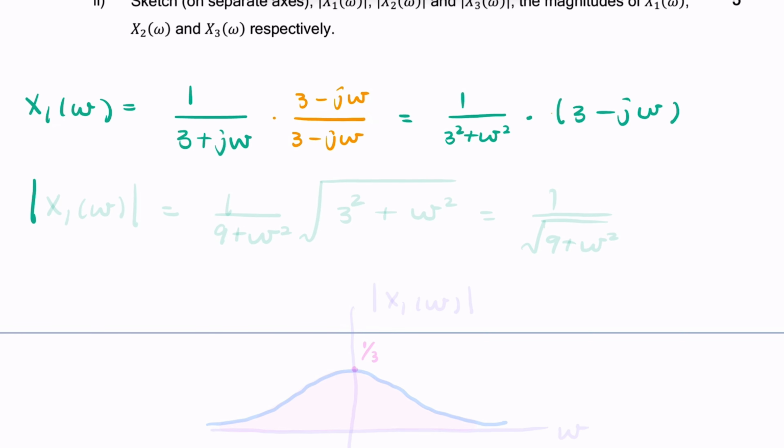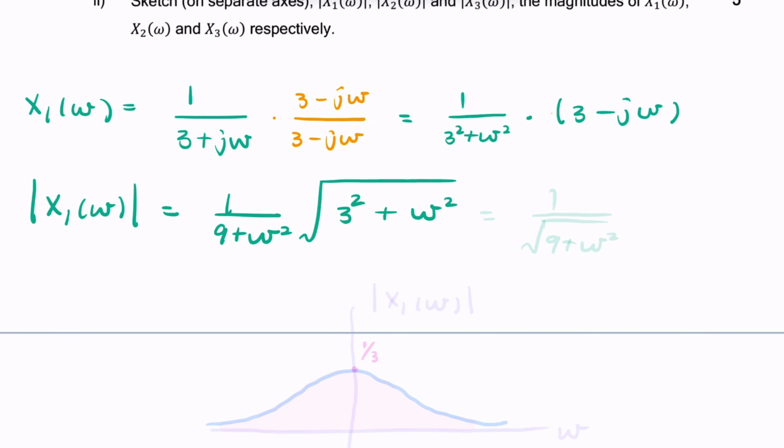So if we wanted the magnitude of x1, then that would be 1 over 9 plus omega squared times the square root of 3 squared plus omega squared.